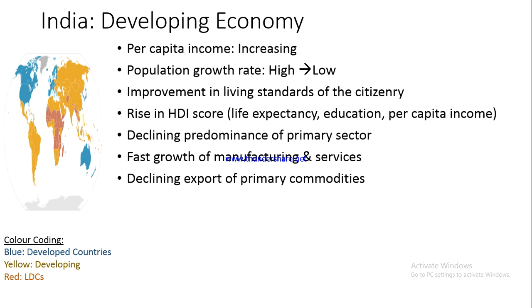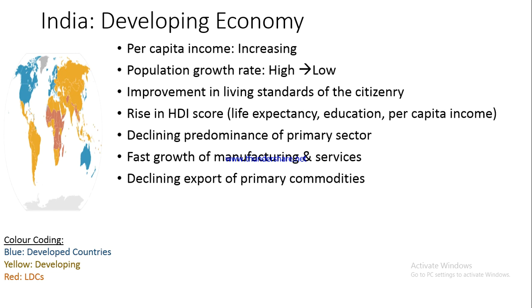Because as the economy grows, as the economy develops, it starts using technology to process the raw material that it obtains from the primary sector. For example, as an economy grows, it will have more machines to process the raw iron obtained from the primary sector into a car or into a machine.